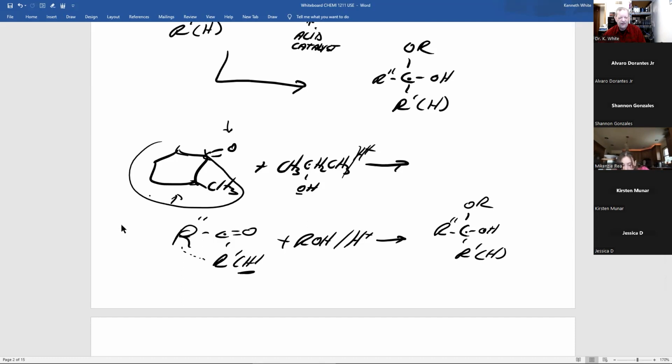This whole thing here, this ring, is our R double prime, R prime. So it's still going to be there. You're not going to break carbon-carbon single bonds. This carbon is this carbon, which is this carbon. We'll have an OH, oxygen. What's our R group? It comes from the alcohol.